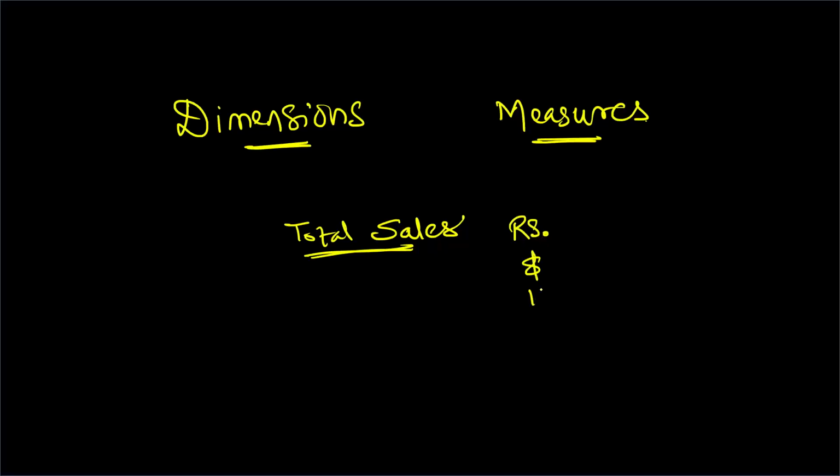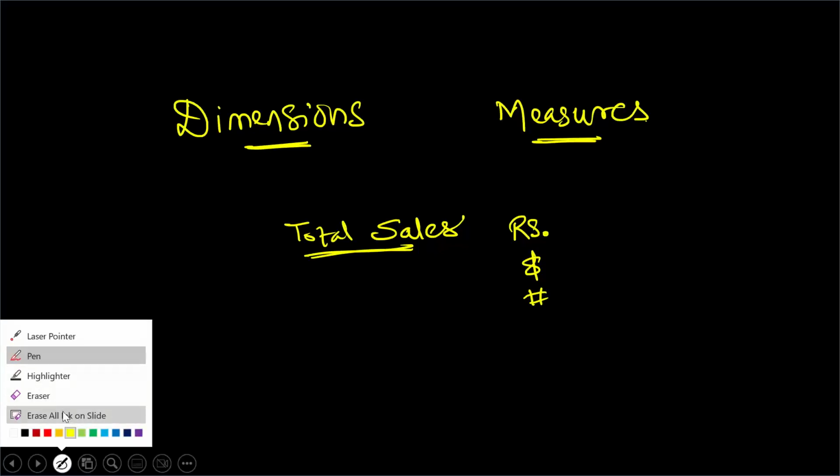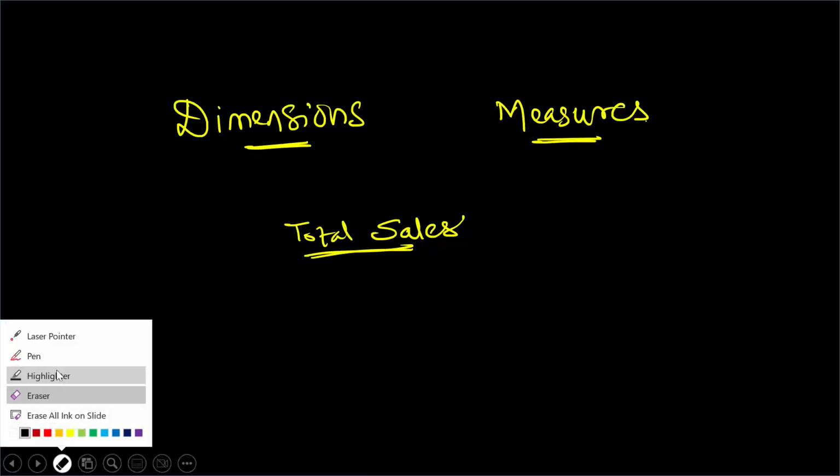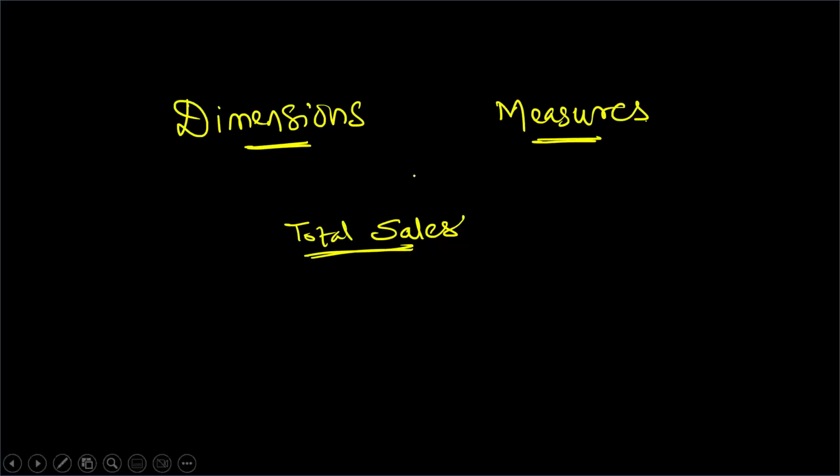It can be dollar, it can be pound, depending upon the country and so forth. So the point is, sales is a numeric value which can be added, where you can do sum, you can do average. That is a measure. Something that you can measure is called a measure.